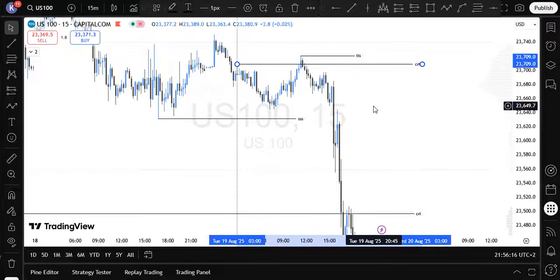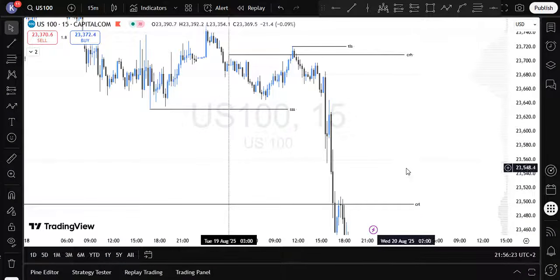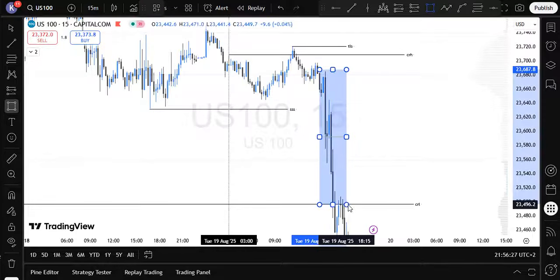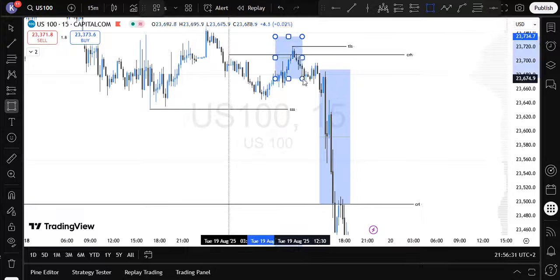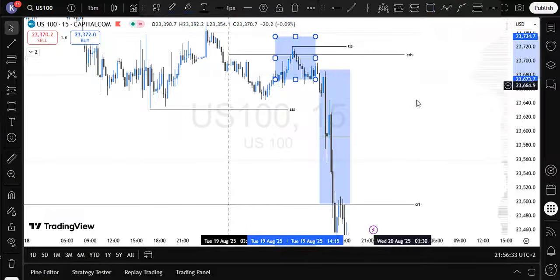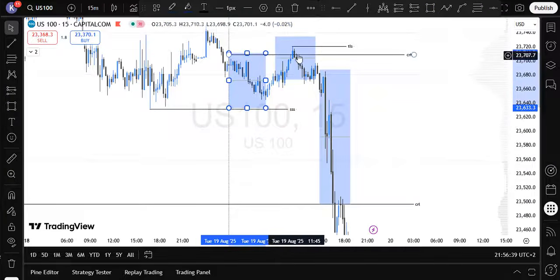Let's just refine these zones. On a 15-minute time frame, this is your whole setup. You understand? So this is the distribution move, and this is the manipulation move, and this is the accumulation move for the day. Accumulation, manipulation, then distribution.